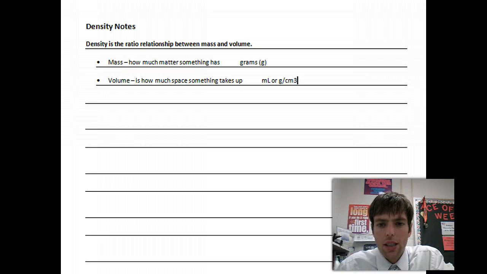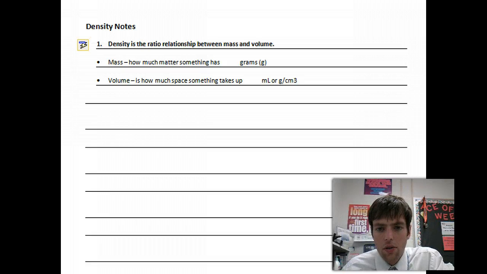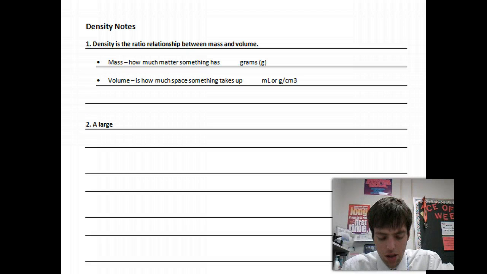So let's write our second statement down. Statement 2: a large block of wood floats as easily as a small block. Therefore, density is constant for a substance.